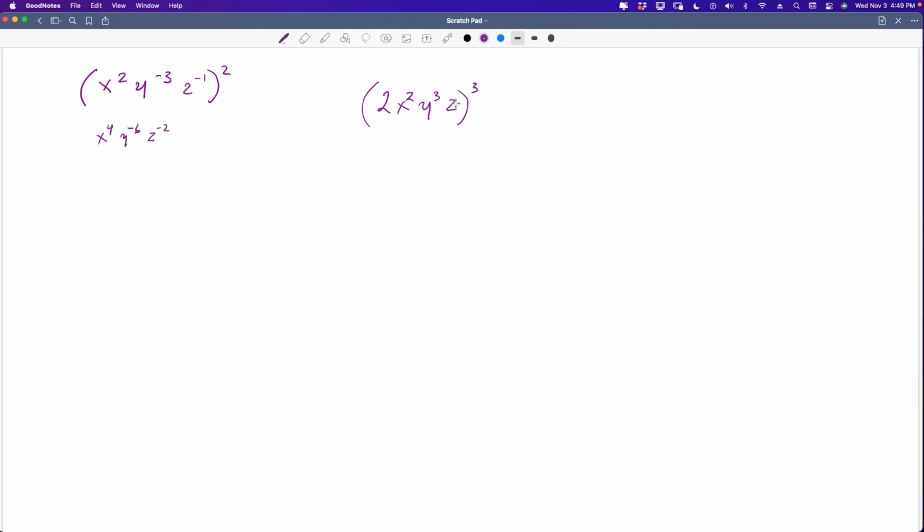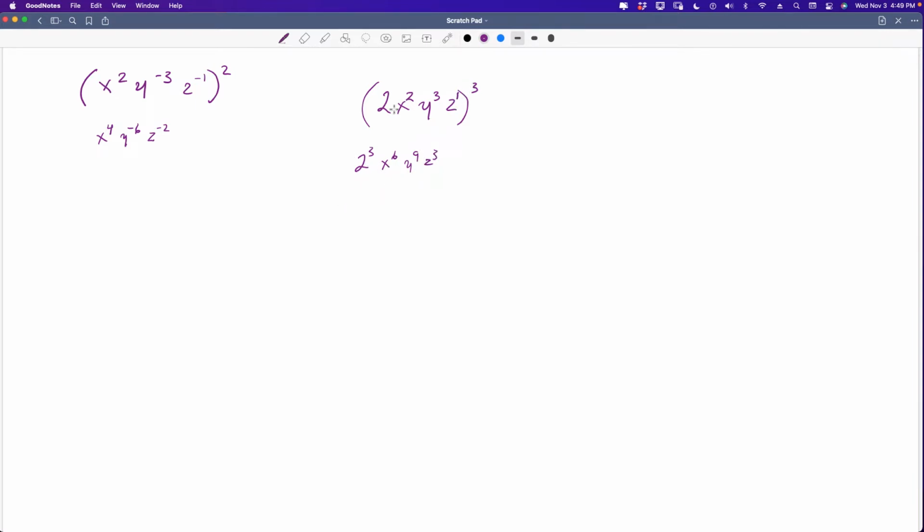All right, each one of these is a factor. So this becomes 2 cubed. We say 2 times 3, that becomes x to the 6. y to the 3 becomes y to the 9, because 3 times 3 is 9. And z, remember we have the invisible 1. z to the 1 becomes z to the 3, because 1 times 3 is 3.